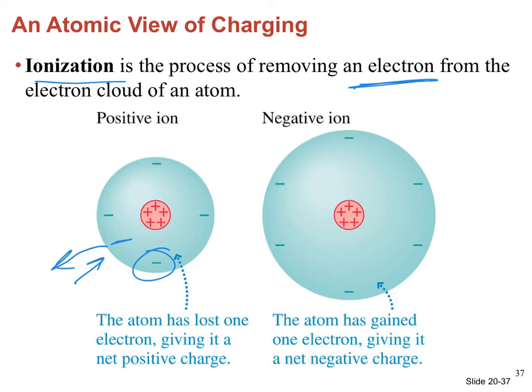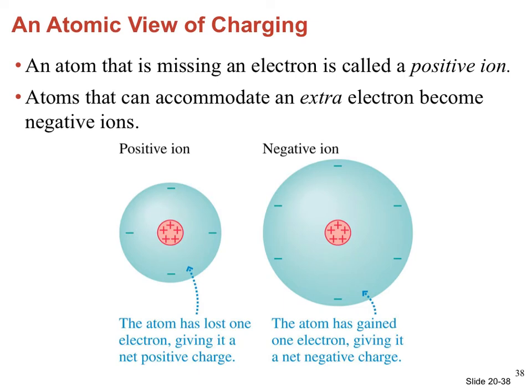A negative ion is when an electron is added. So this one right here wasn't there before, but due to charging, it gained an electron. That gets into all sorts of chemistry implications like bonding, covalent bonding, ionic bonding, all of which have to do with ionization of atoms.